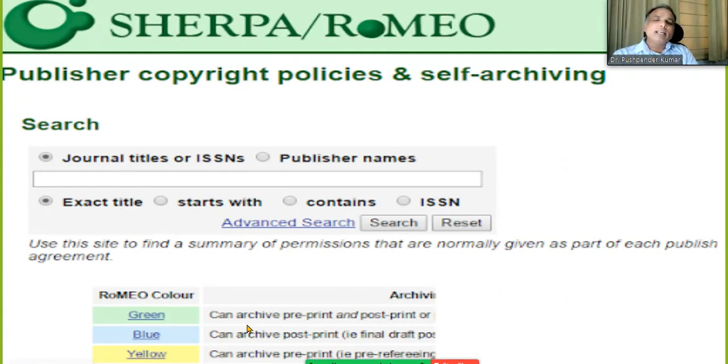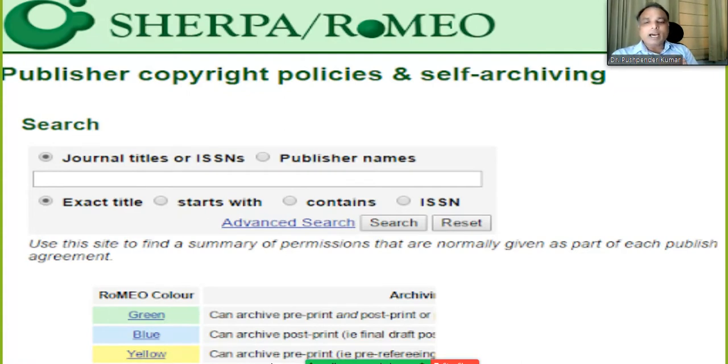Green means it can archive preprint and postprint. So whatever article you have, you can keep a copy of that on your university or college website. Then blue can archive postprint, that is, after it has been published, the final draft copy you can keep in your archive.